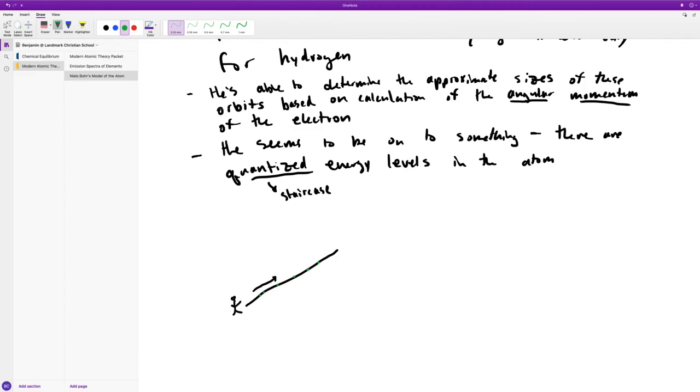You could stop here, you could stop there or there. Okay, there's an infinite number of places you can stop. This is called a continuous scale. It's continuous.